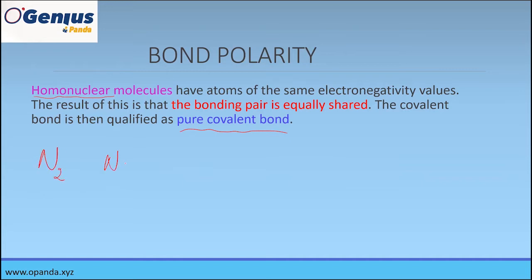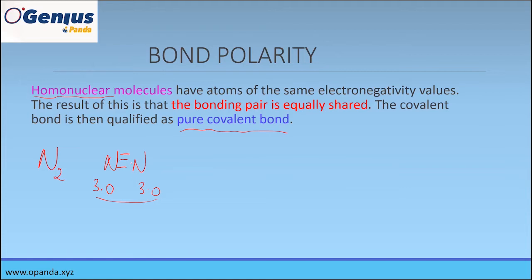We have nitrogen, which is bonded to another nitrogen atom. Because the electronegativity of nitrogen is 3.0 and the other nitrogen is 3.0, there is no electronegativity difference. And the two atoms have the same ability of pulling or attracting the bonding pairs. So because of that, the bonding pairs will be equally shared.